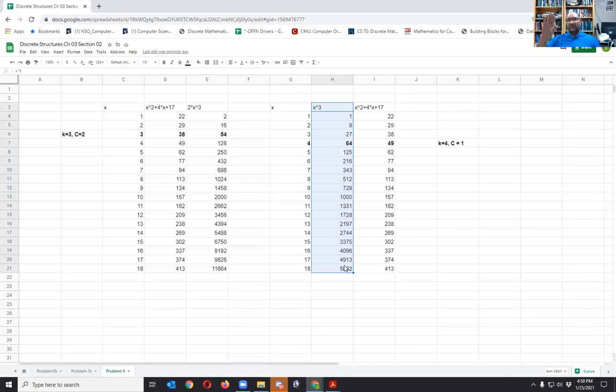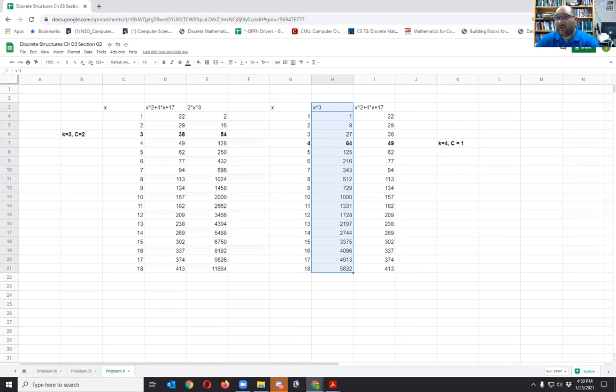The slope of x cubed is going to go up faster, x squared is going to go up slower. Basically the idea is x cubed is going to climb faster after a certain point than x squared. And that's what big O notation is kind of trying to get us around.